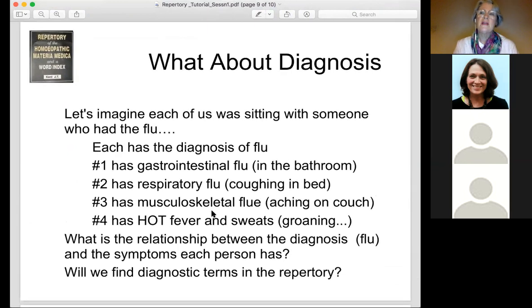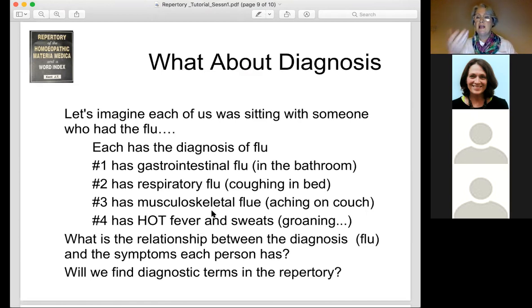So this brings the question, if we're looking for symptoms, either in the Materia Medica or in the repertory, what about diagnoses? Let's just imagine that each of us who's here was sitting with someone who had the flu. I'm not going to curse any of us by saying that we have the flu, but we're sitting in a caring way for somebody else who has the flu.